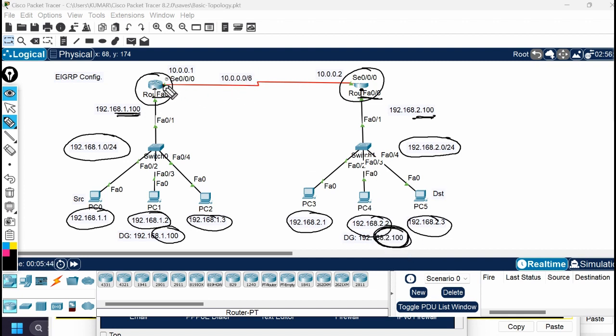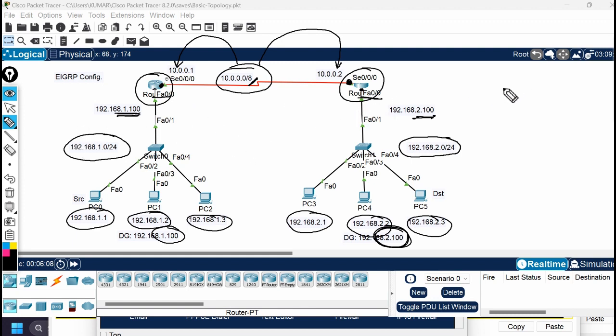Now between the routers we have the serial 0/0/0 and 0/0/0, and the network ID which we are using here is 10.0.0.0/8. From this network ID, the IP address which we have configured on this interface is 10.0.0.1, and here you have 10.0.0.2. This is my complete topology.